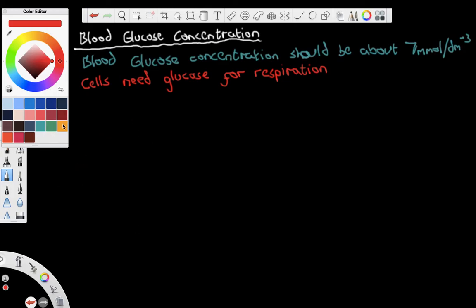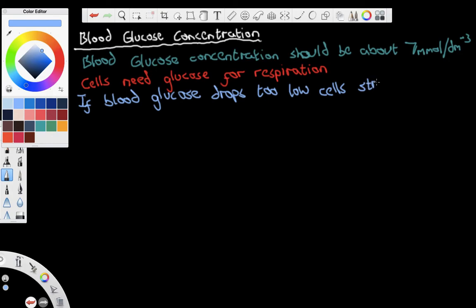But before I get ahead of myself, let's write down that if blood glucose drops too low, cells struggle to carry out respiration.